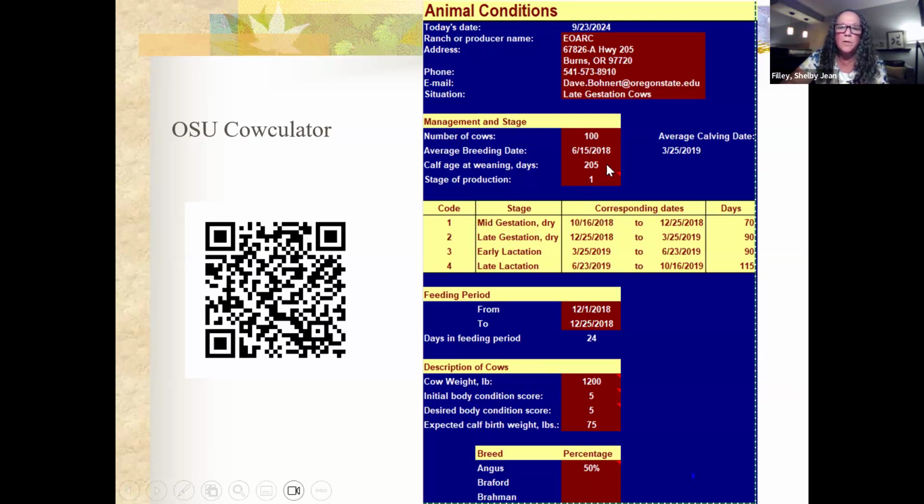And what's really good is you can change this stage of production, and it'll spit out another one really quickly for you without having to add too much of this already again. So it gives you a really good printout. It's not hard to use once you get used to it, and you do have help with us to use that.